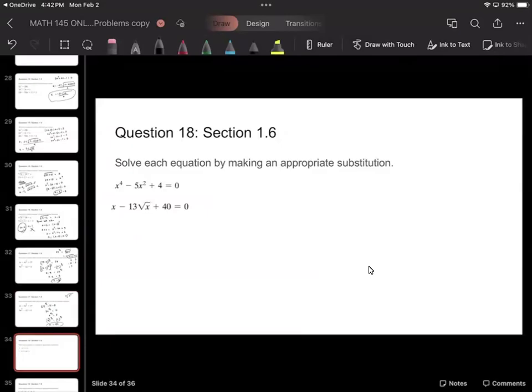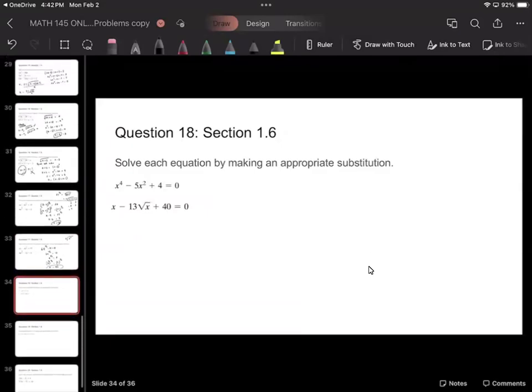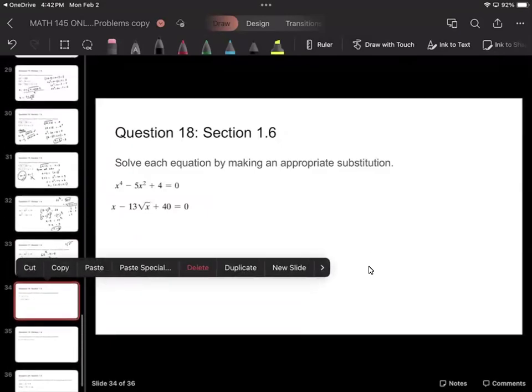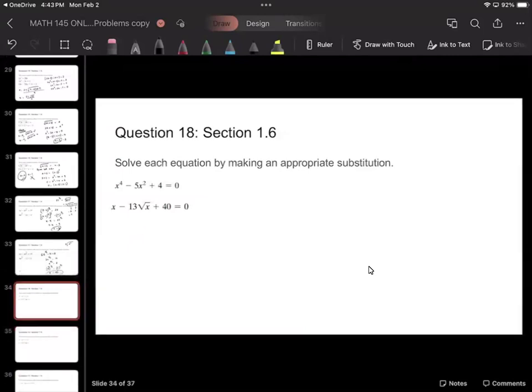All right. So here you have to make some substitutions. So what is the substitution that you will use here? So you see how this is actually quadratic in form, except in the place of x squared, you have x to the fourth power. In the place of x, you have x squared.